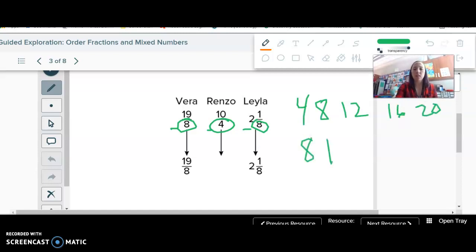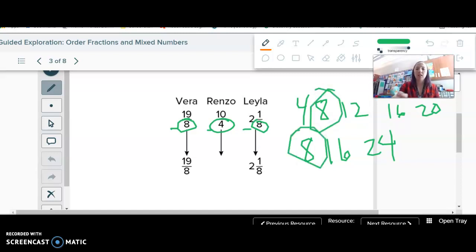And then 8, 16, 24, the multiples of 8. We want to find the smallest thing that is in both lists of multiples. So notice 8 is in both lists, so that's the one we want to use. That's why they have 8 already written here. So these fractions don't need to change because they already have 8 as the denominator.